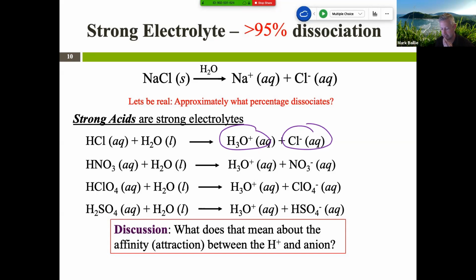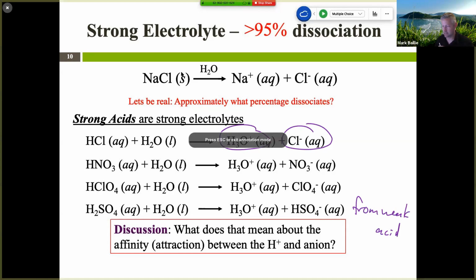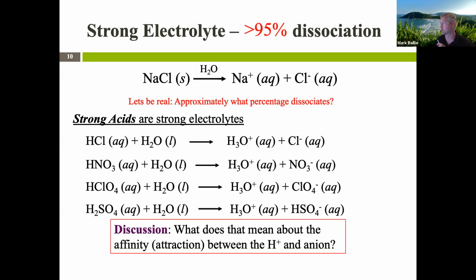And how does that differ from a weak acid? I don't care about your responses on clicker, but I'm going to send you into breakout rooms. I want you to figure out what kind of attraction there is between those two products and how we can justify that based on whether it's a strong or a weak acid. Breakout room should be open.